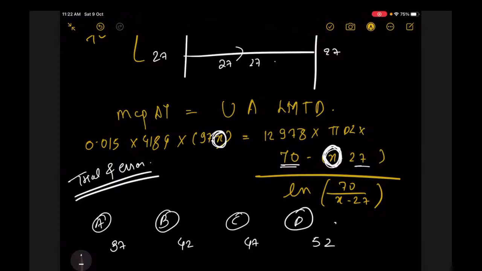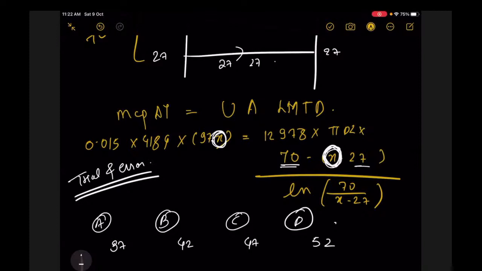They can give; there are some questions every year which are very easy to solve but difficult to calculate on that virtual calculator. What they want is to test your patience. So if options are given, the better way is to go with the trial and error method.